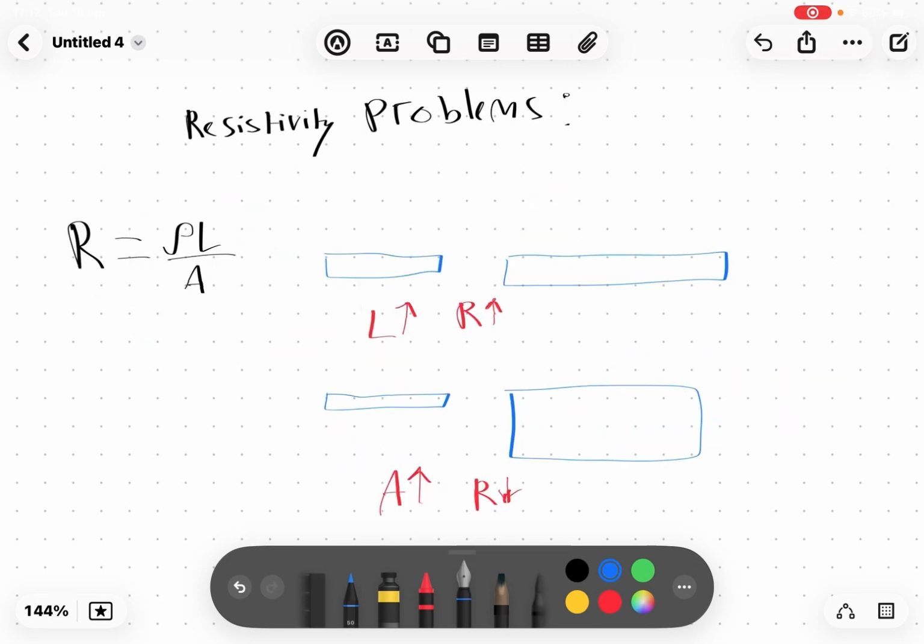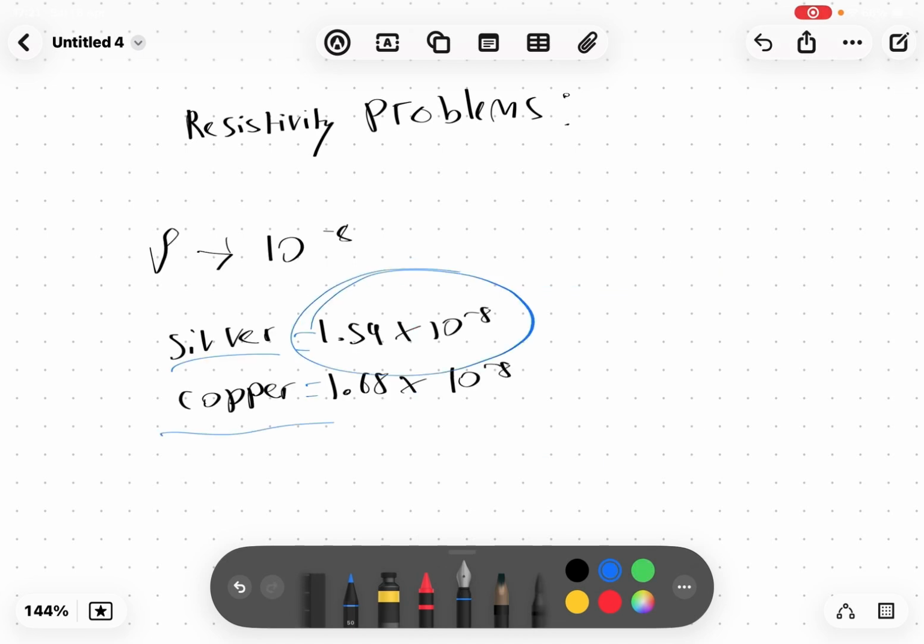So let's quickly go through the main topics just to refresh our brain. This is the formula, and if you increase length, the resistance will go up. However, if you increase the area, the resistance will go down. Here are the resistivities, and where do you think is the lowest resistance?